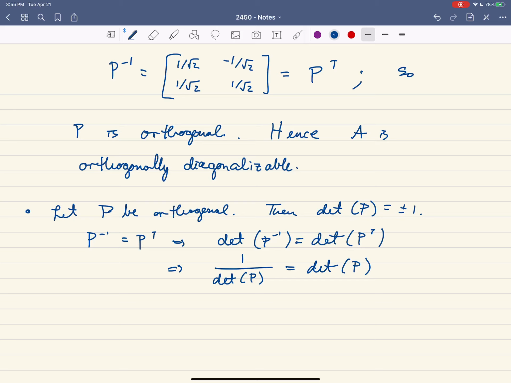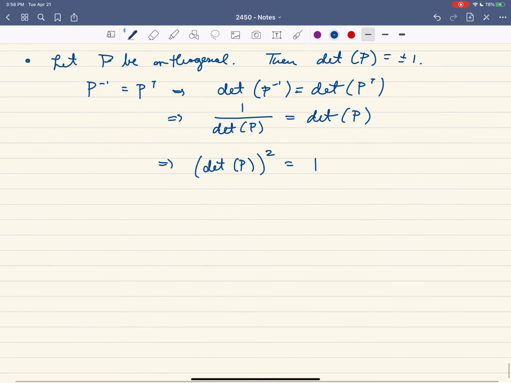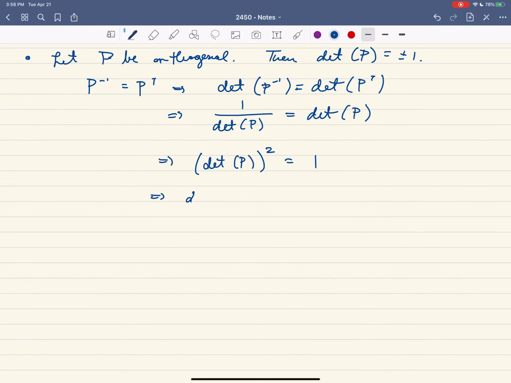And so therefore, if I take this determinant of P and multiply it both sides by that, the determinant of P squared has to be 1, and therefore P has to have determinant plus or minus 1. So it turns out orthogonal matrices have to have determinant plus or minus 1. That's one of the nice properties about them.